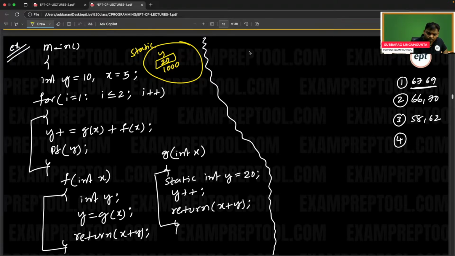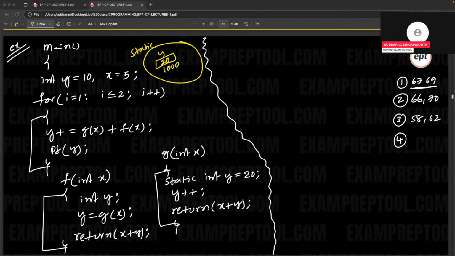So from the main program onwards, running will start. So main is running.